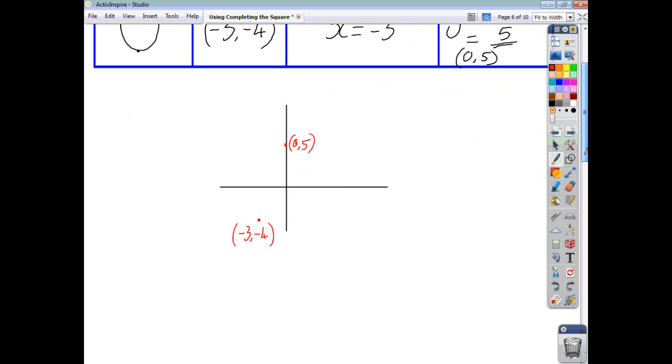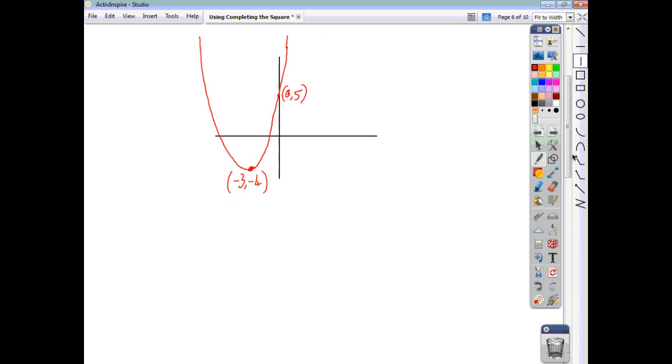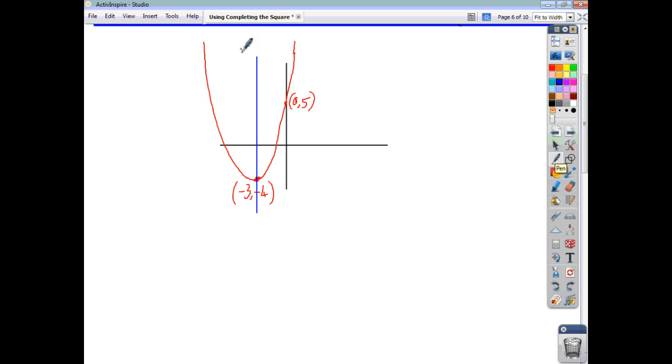We can do a sketch which doesn't have to be a work of art, but just has to show the shape and go through the turning point and our y-intercept. We also should include our axis of symmetry. If I draw a vertical line up there, we'll say the equation of the axis of symmetry is x equals negative 3. And that's all there is to it.